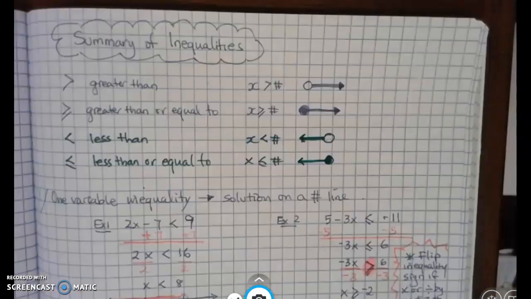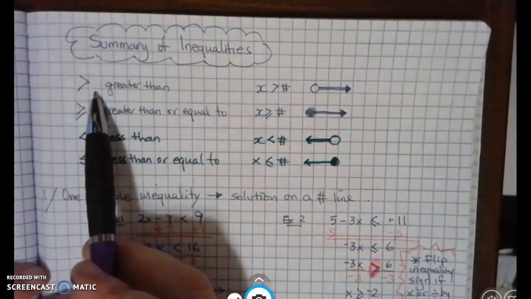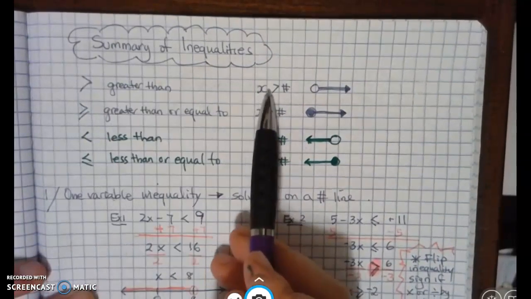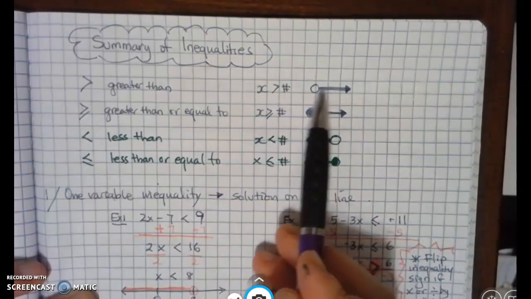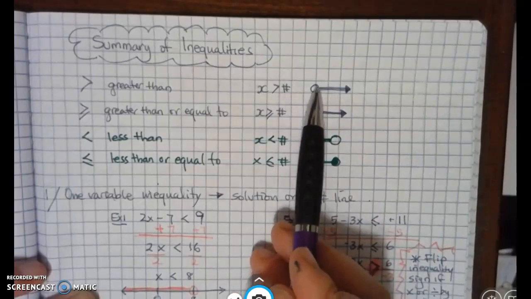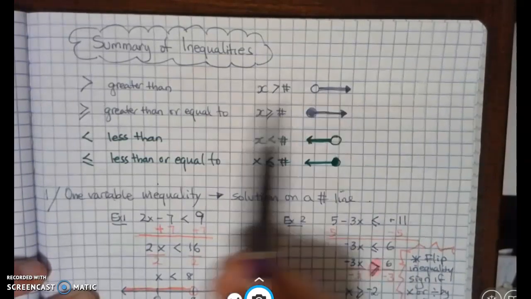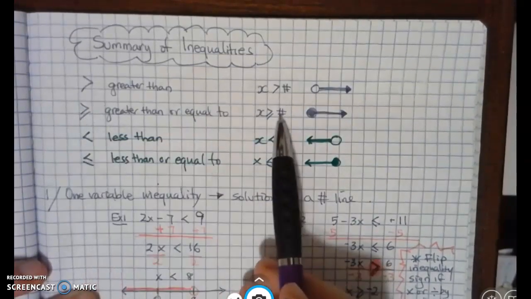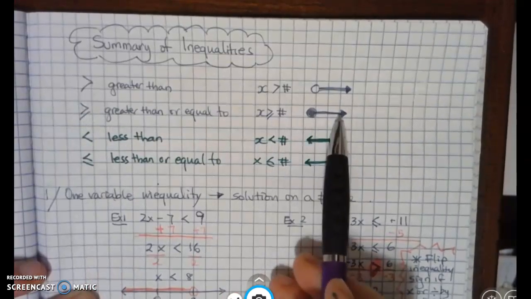Okay, now that we've considered all the special cases, we are going to quickly go through a summary of the inequalities that we've learned so far. So we know that this symbol means greater than, and if x is greater than some number, it would be represented with an open circle pointing to the right, and greater than or equal to with a closed circle pointing to the right.